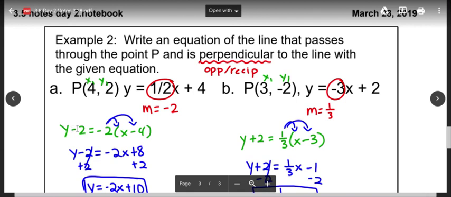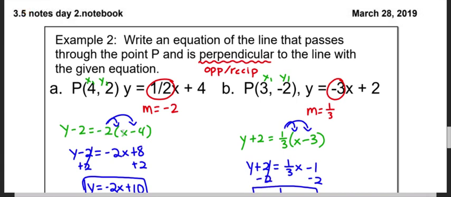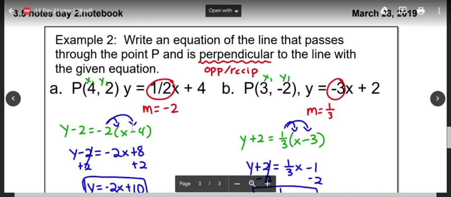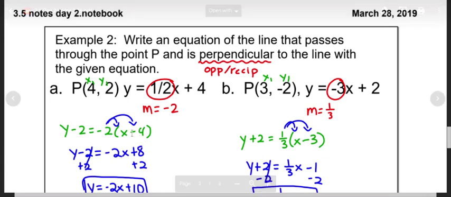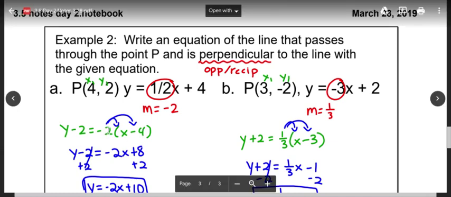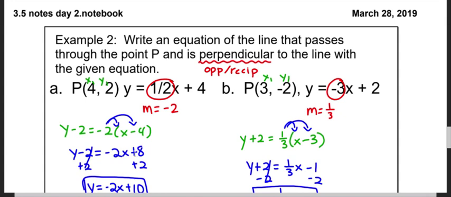Our y1 is 2, so we have y minus 2. Plug in -2 for m. And then our x1 is 4, so we get x minus 4 for that part. Then distribute the 2. We get y minus 2 equals -2x plus 8.